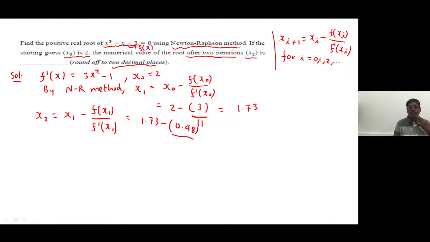Divided by, this term divided by f dash x1. In this f dash x, put x is equal to 1.73. 3 into 1.73 square minus 1. So this simplifies to 7.98. So up to 2 decimal places, this is approximately 1.67. Please check. Do you all getting the answer 1.67 or not? If you are having readily calculated. Otherwise at home.